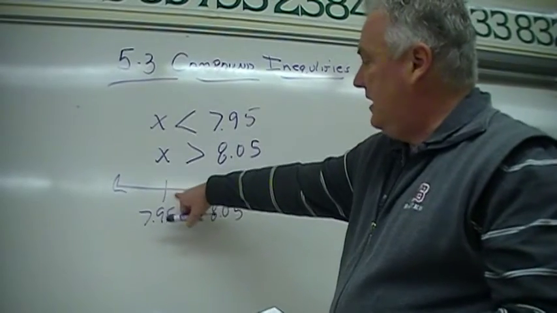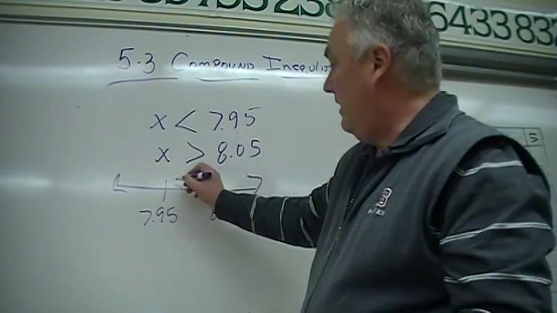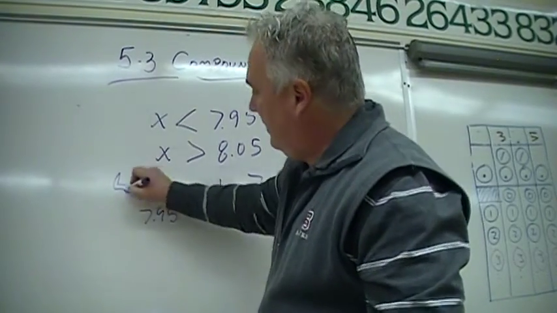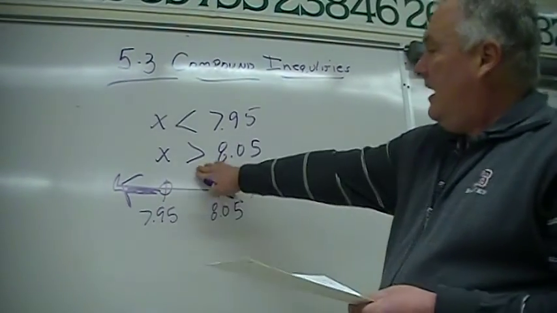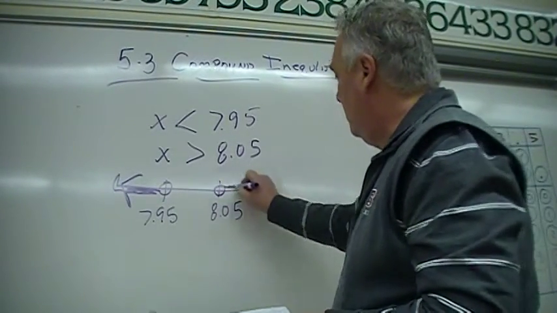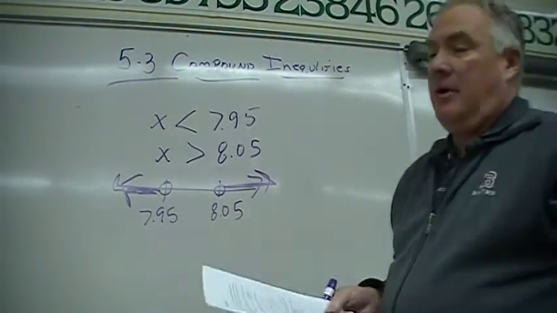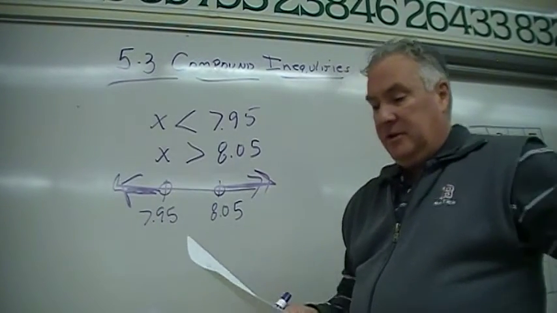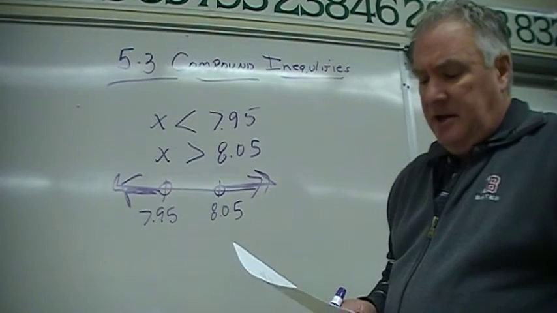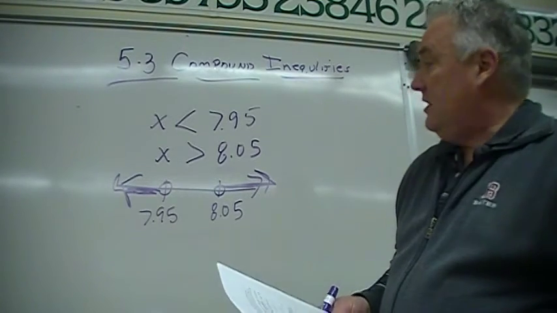If you graph them, X is less than 7.95: open circle and everything that way. X is greater than 8.05: open circle and everything that way. So for the problem about the stock making nails, an 8-inch length of wire fails.